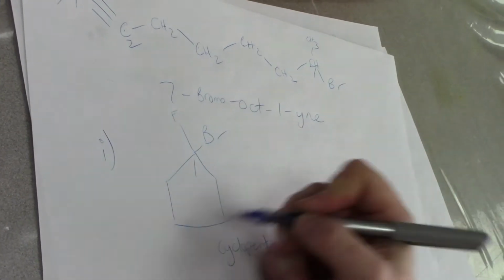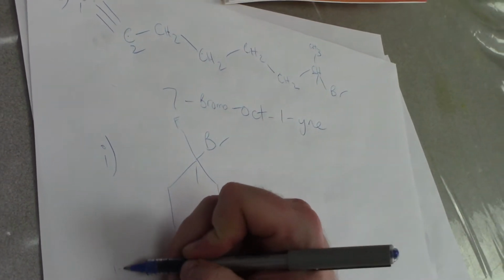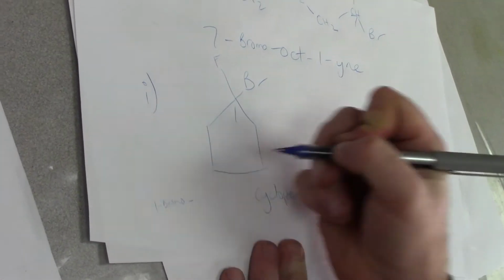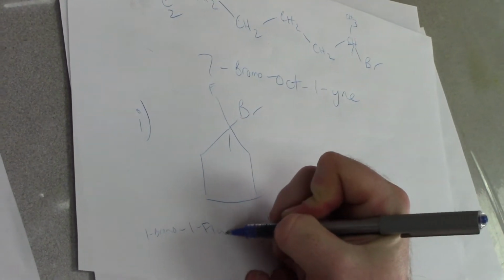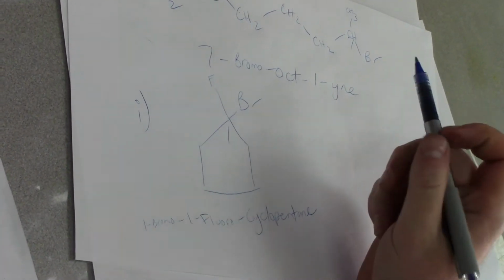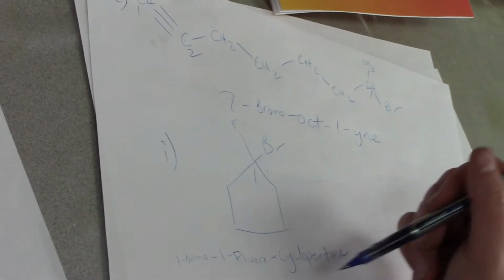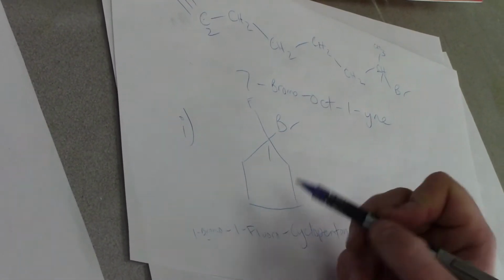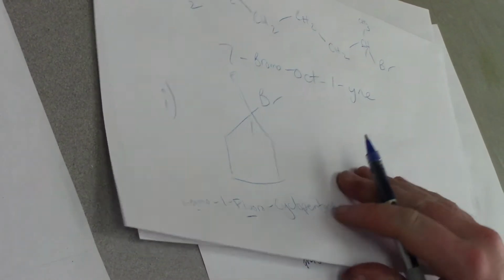And that would obviously be my carbon 1. So this would be 1-bromo-1-fluorocyclopentane. Okay, and I just number carbon 1 because that's where my side branches are. All right, and you name it in alphabetical order based on the element itself.